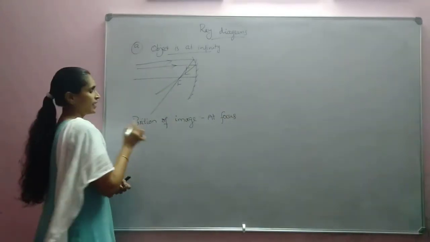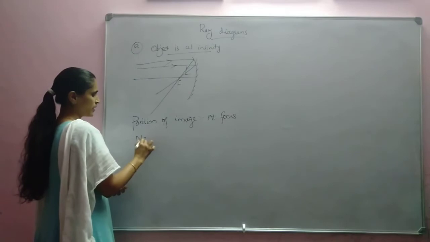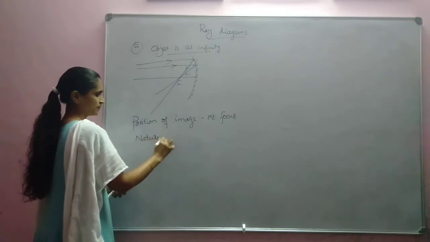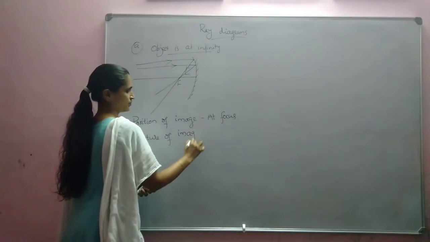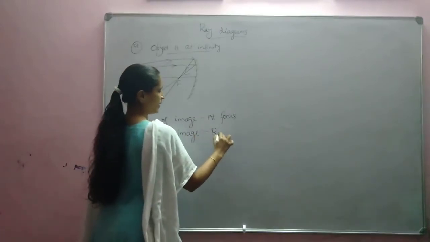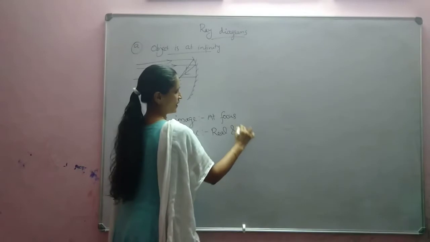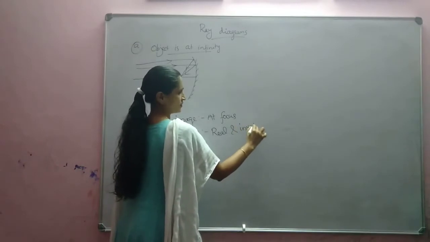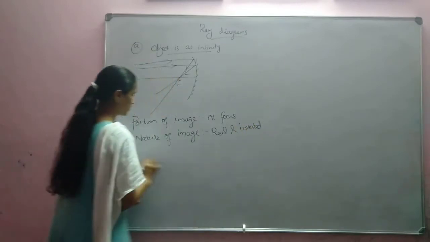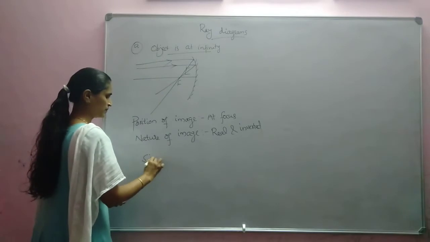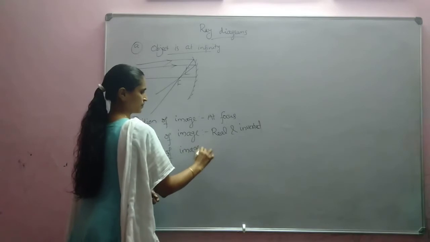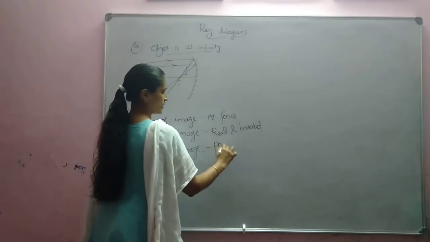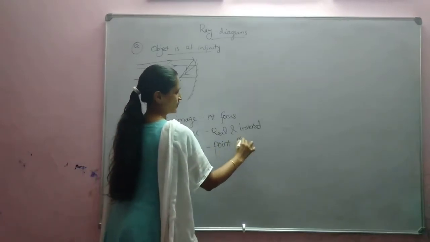and nature of the image: real and inverted. Size of the image: point size, or we can say diminished.